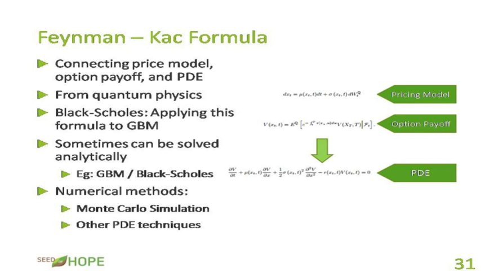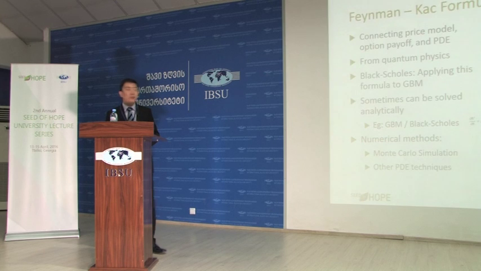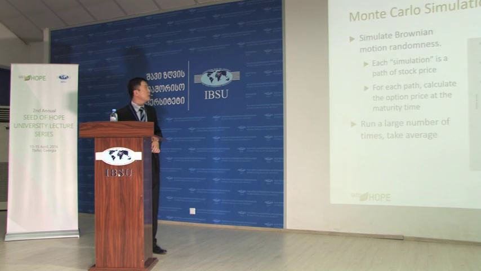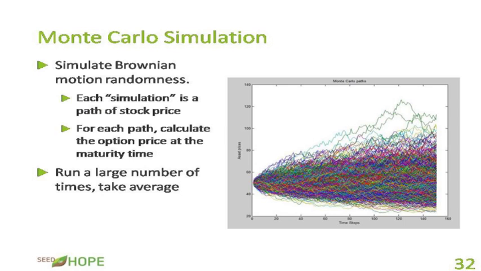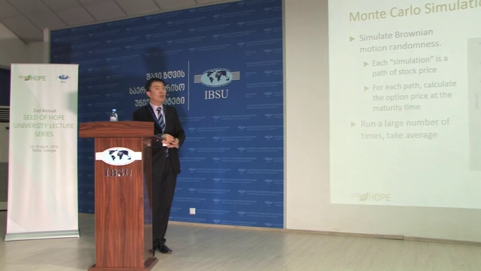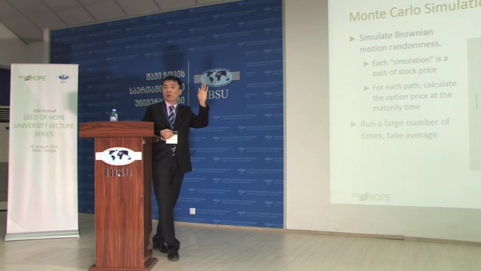Right? So how do we solve this PDE then if you cannot solve it analytically? The first technique that you use is Monte Carlo simulation. This is where you really run your price process stochastically by simulating it a lot of times. Right? As you can see, each curve here, each path is the movement of a single stock price, and at the end, at the maturity time of the option, you gauge how much that option is worth.